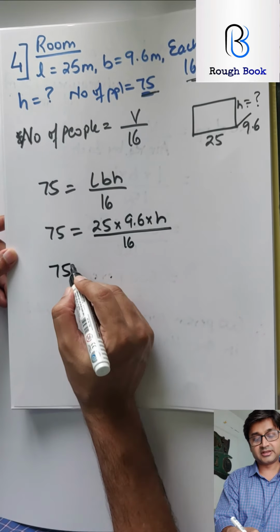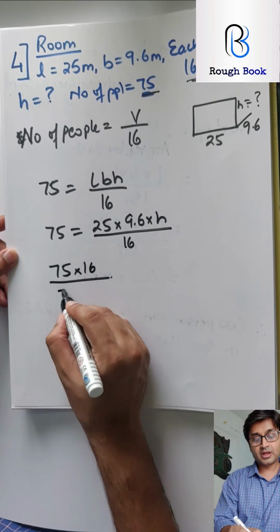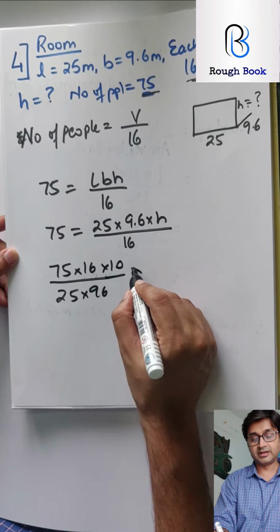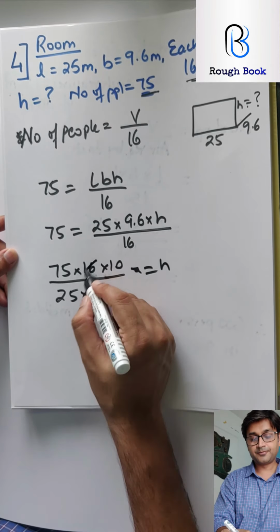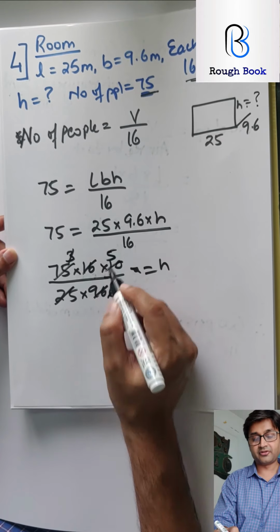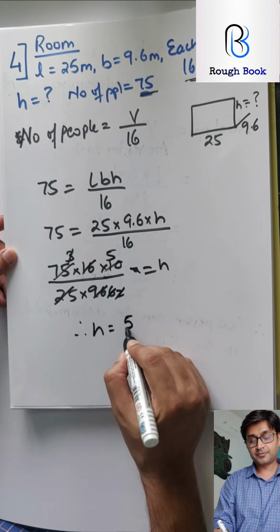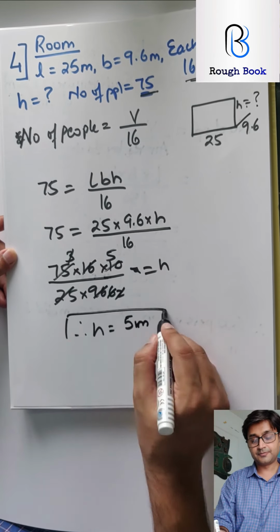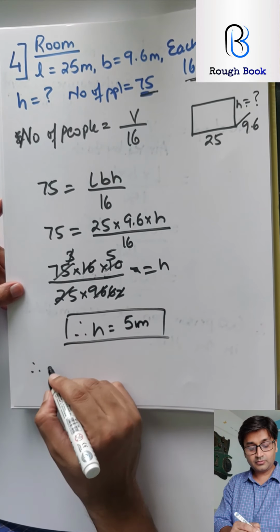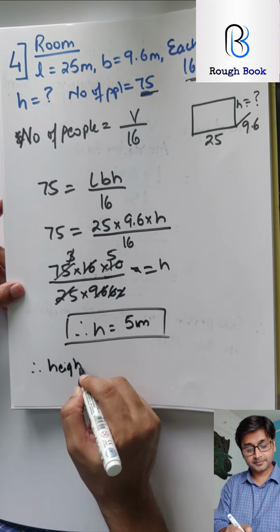So cross multiply 75 into 16, 25 into 96 into 10, because I removed one decimal, is equal to height. 16 ones are 16, 1s are 3s are, 1s are 2s are, 1s are 5s are. So therefore the height is 5 meters. So you can write in the end, therefore height of the room is 5 meters. Are we getting it?